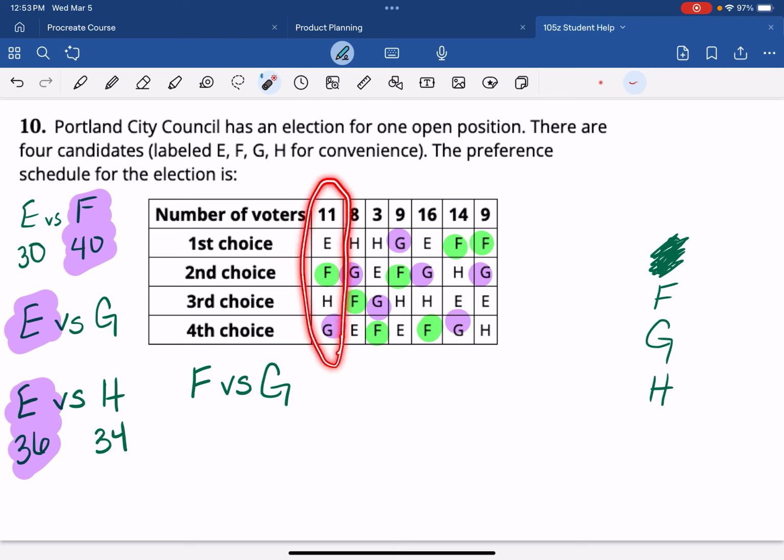So we have 11 voters who prefer F. We actually have in all 3 of these, all 3 row columns here prefer G over F. So that is 11 and 9, which is 20 who prefer G. Oh, and then also this one also prefers G. So that's another 16 for G.